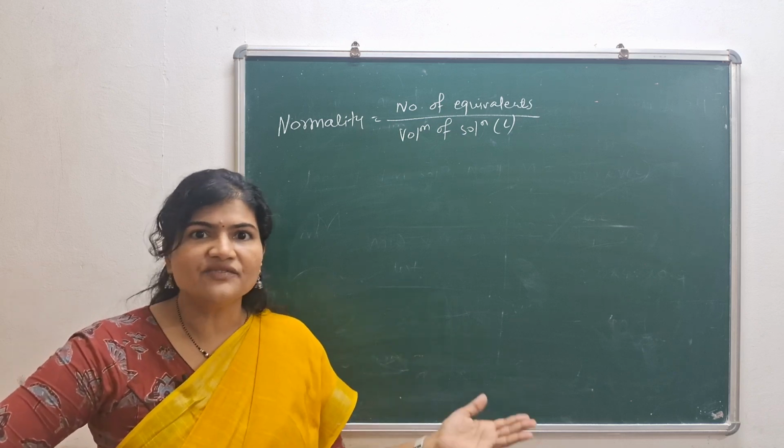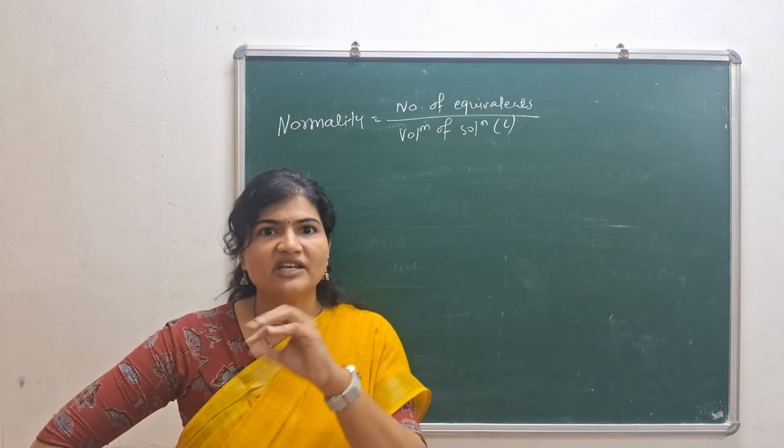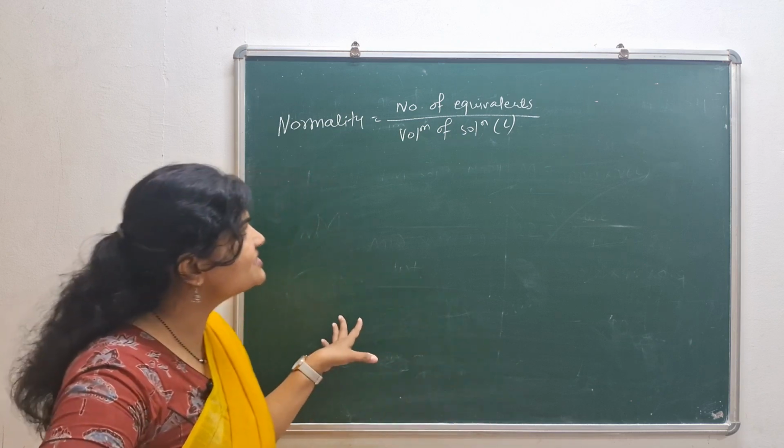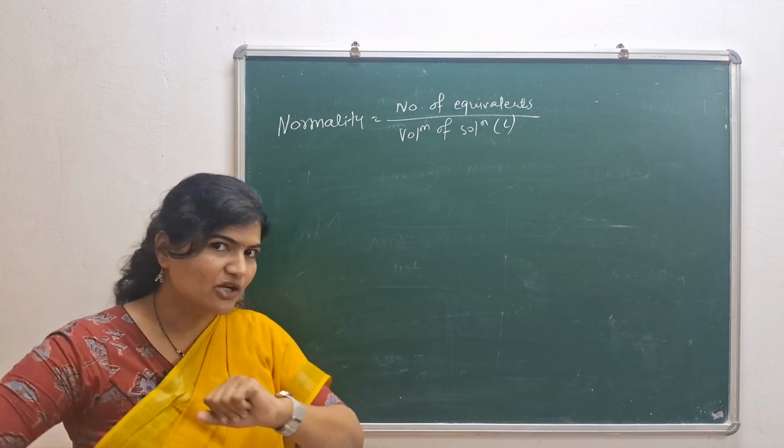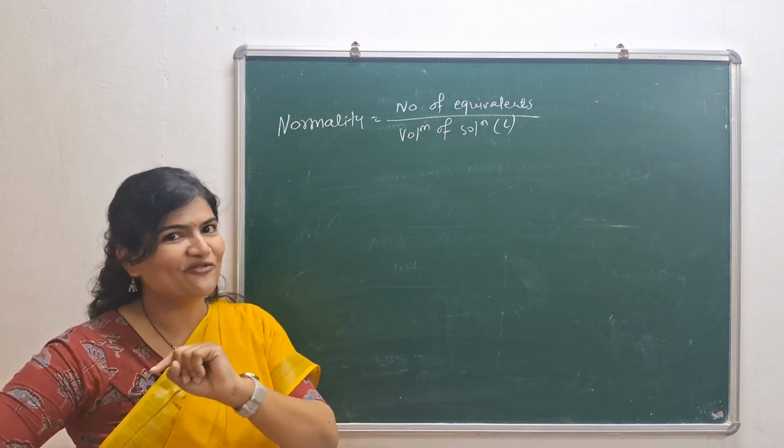Now in the last video we discussed how to prepare various molar concentrations. In this video we are going to see how to prepare various normal concentrations using the same formula.